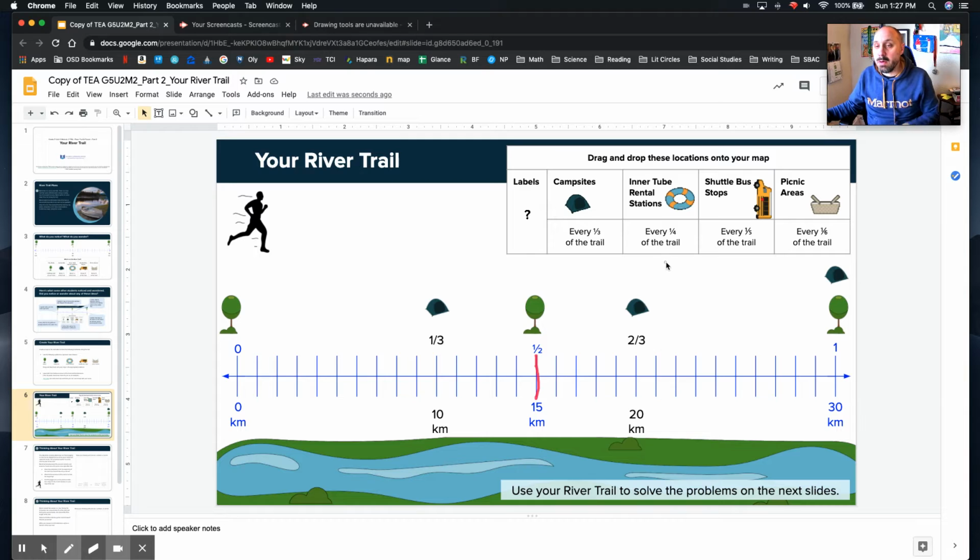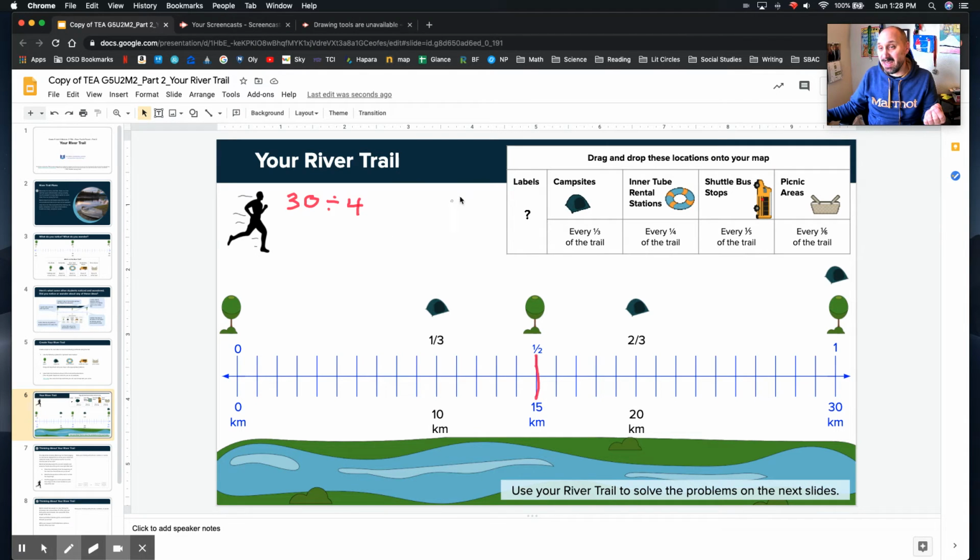So remember, a fourth is a half of a half. So I can't split 30. If my trail is 30 kilometers and I want to divide that by four equal pieces, we cannot do that with whole numbers. Four will not go into 30 an equal amount of times.